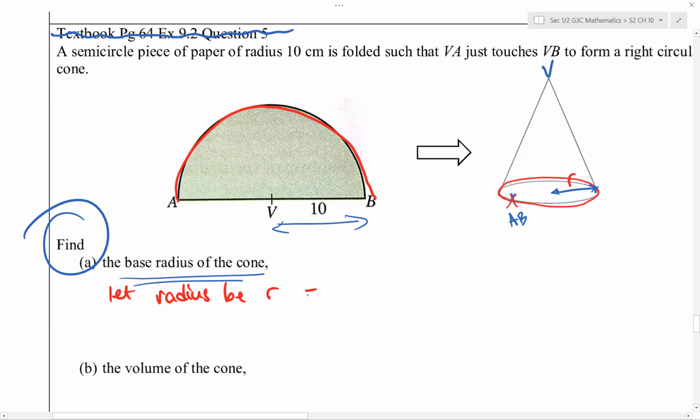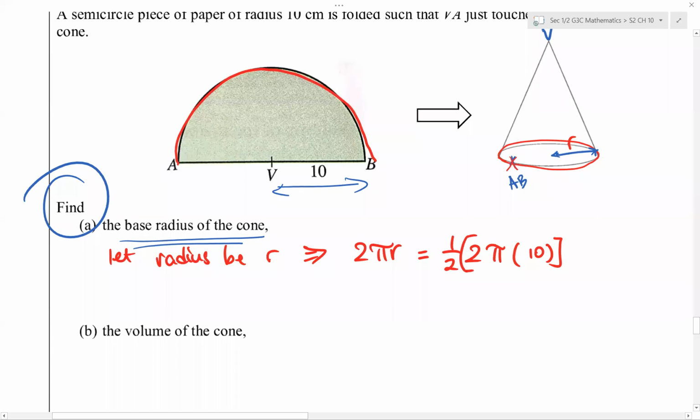This 2 pi r, the red circumference of the cone, is equal to the arc length of that semicircle, which is given by half times 2 pi times the radius, this time 10. So what we have just done is to form an equation, left-hand side equals right-hand side. This part so far?